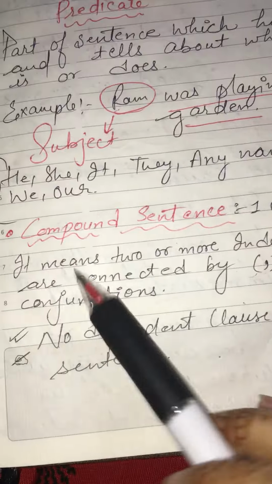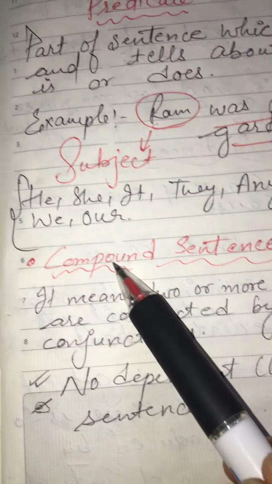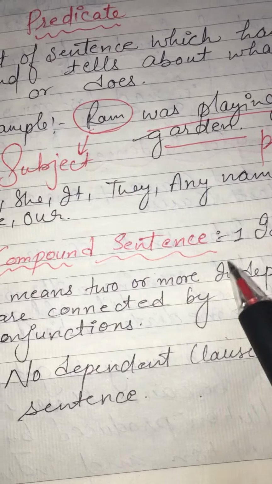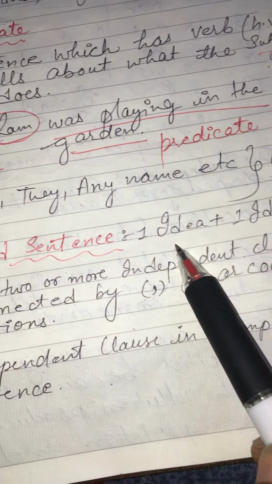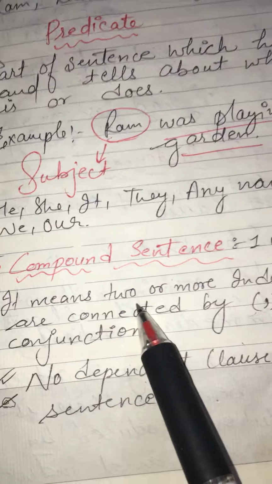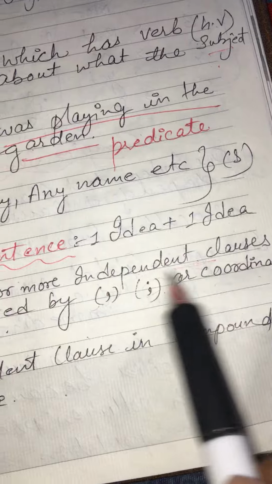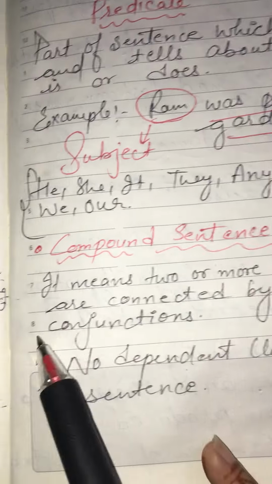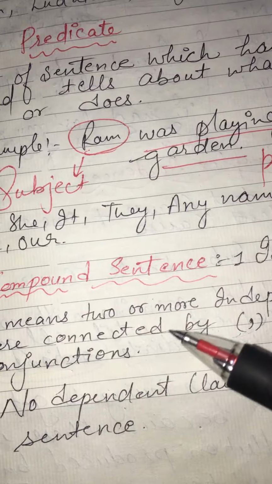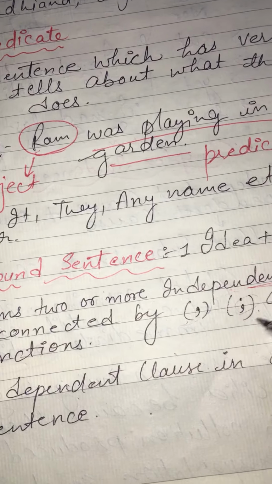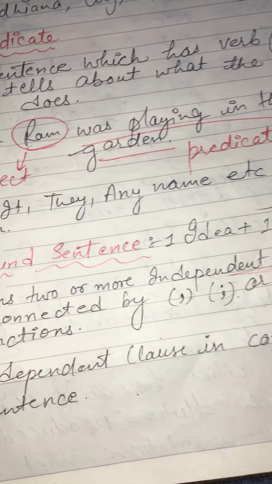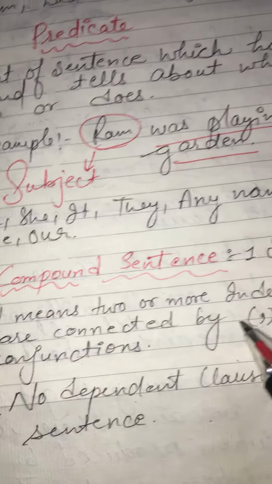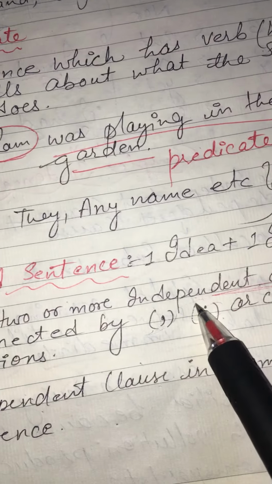So now move to the next type of sentence, compound sentence, which is very important in IELTS writing. Compound sentence has two ideas, one idea plus one idea. It means two or more independent clauses are connected by comma, semicolon or coordinating conjunctions. There is no dependent clause in compound sentences, only independent clauses.